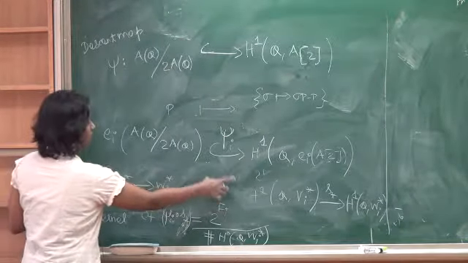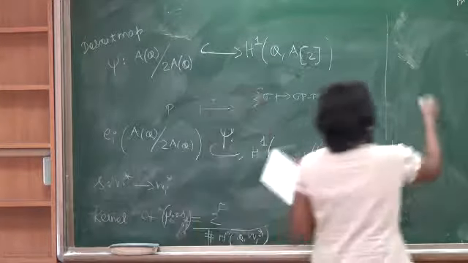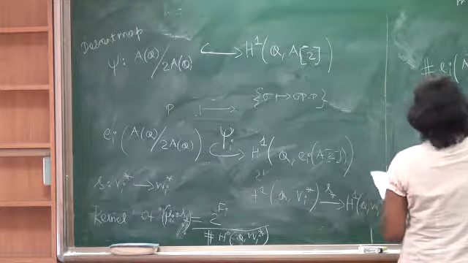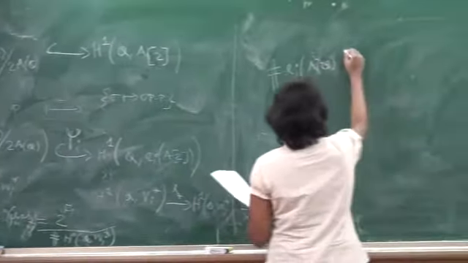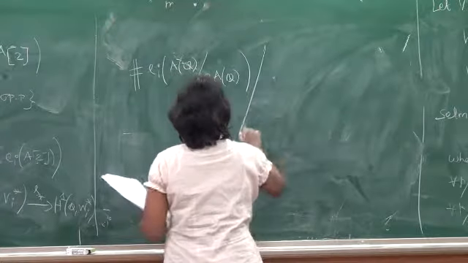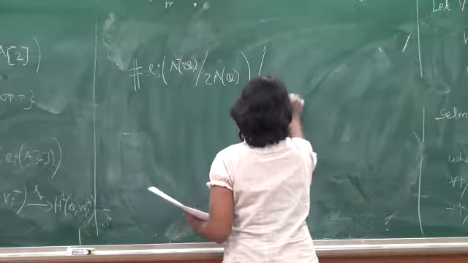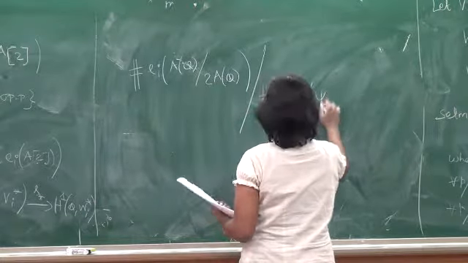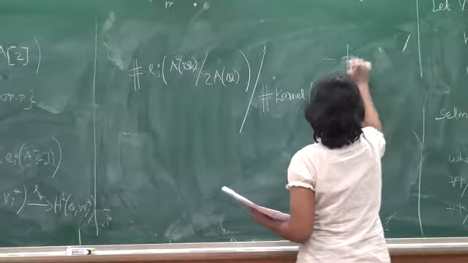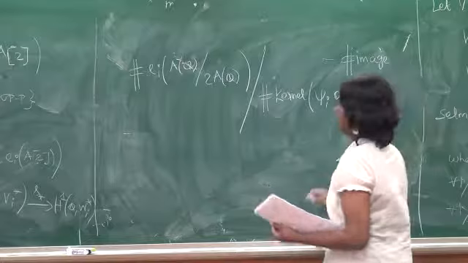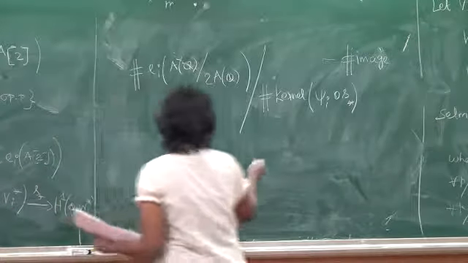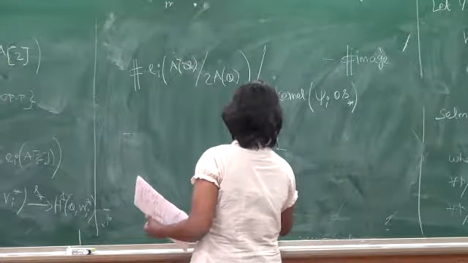And because this is injective and this is an isomorphism, the image we computed explicitly.